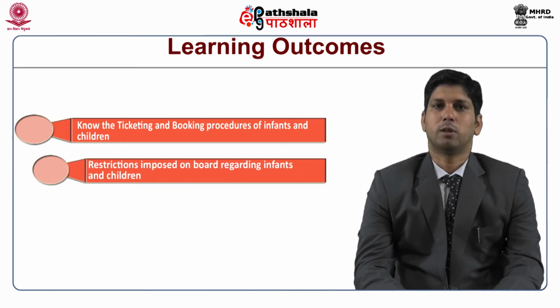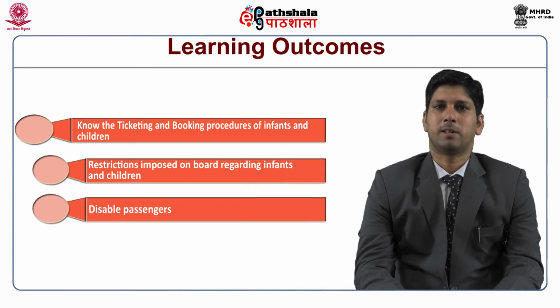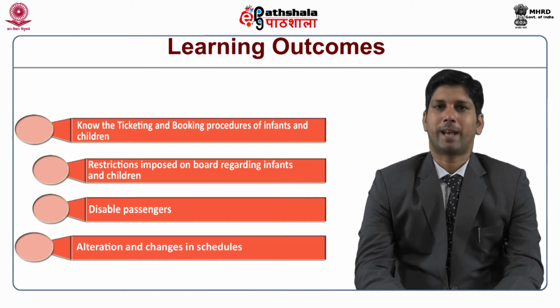They will also understand the various restrictions imposed on board regarding infants and children. They will learn about disabled passengers. They will also get to know about alteration and changes in schedules.